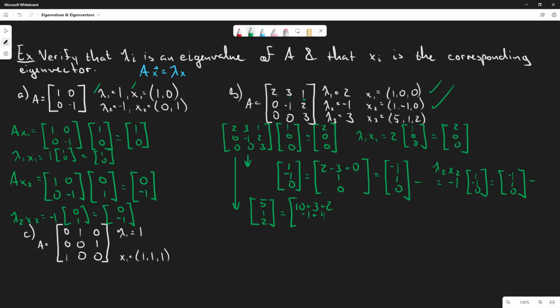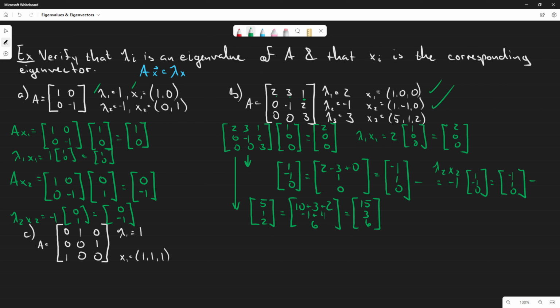The last one is 0, 0, 2 times 3, which is 6. Adding these together, we get 2 plus 3 is 5, plus 10 is 15; -1 plus 4 is 3; and then 6.